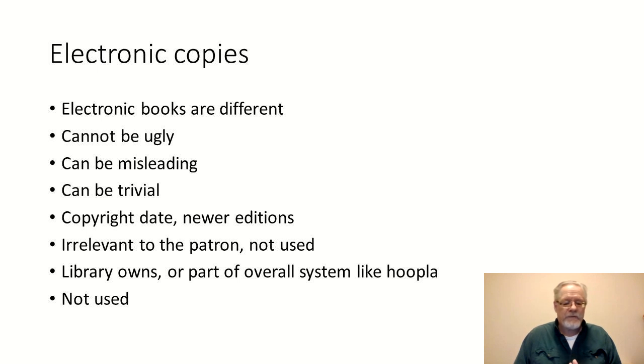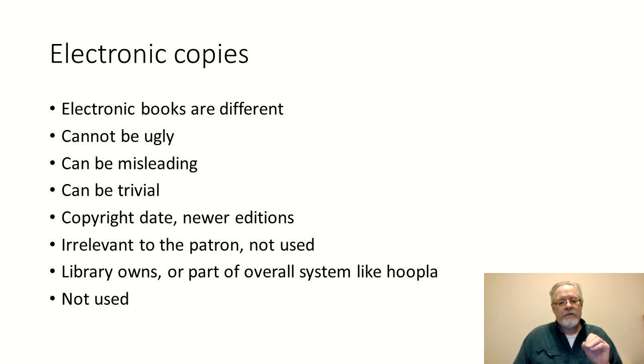You might have a process where you say, okay, it's never been used, so let's just not have it online. So electronic copies are a little different because they're not the same storage issues that you have with something on the shelf, but they can still be misleading. They can still be trivial. You can still have newer editions.